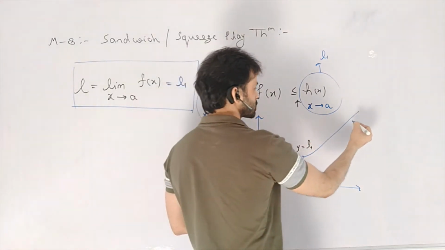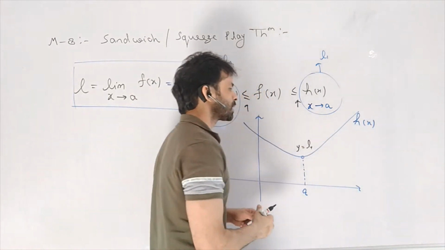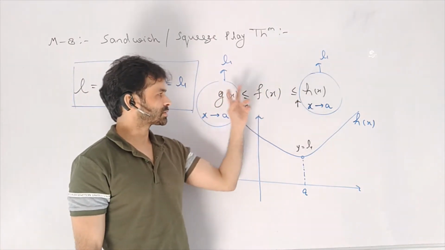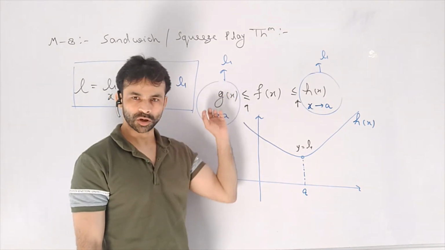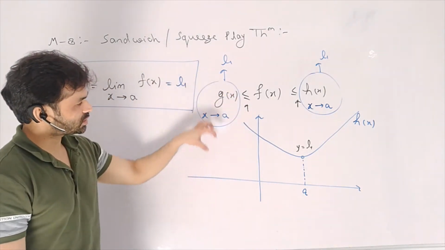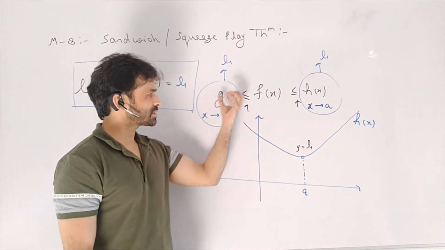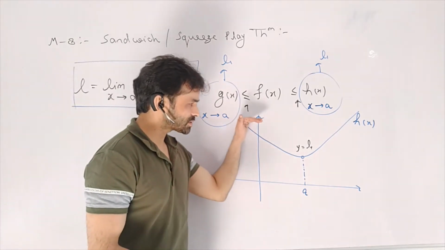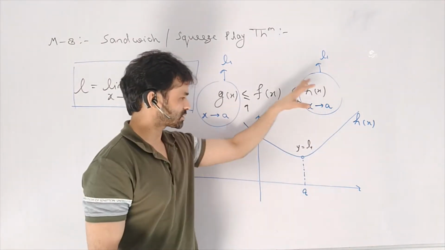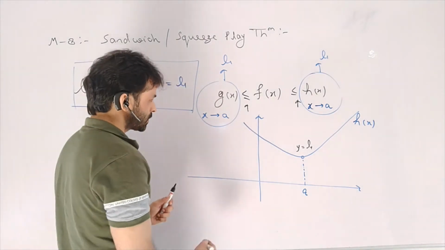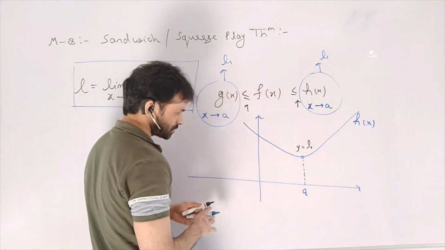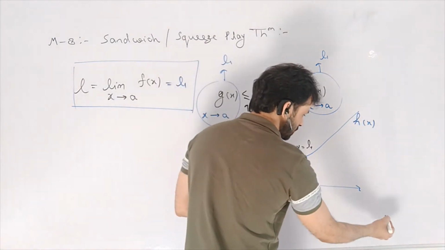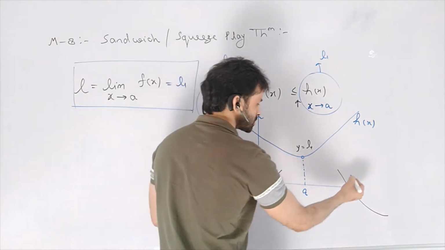This is the graph of h(x). Now you have one function g(x) which is less than f(x), less than h(x). The value of g(x) at any point is less than f(x), and less than h(x). So at any point this is below h(x). So g(x) is, let's say, like this.